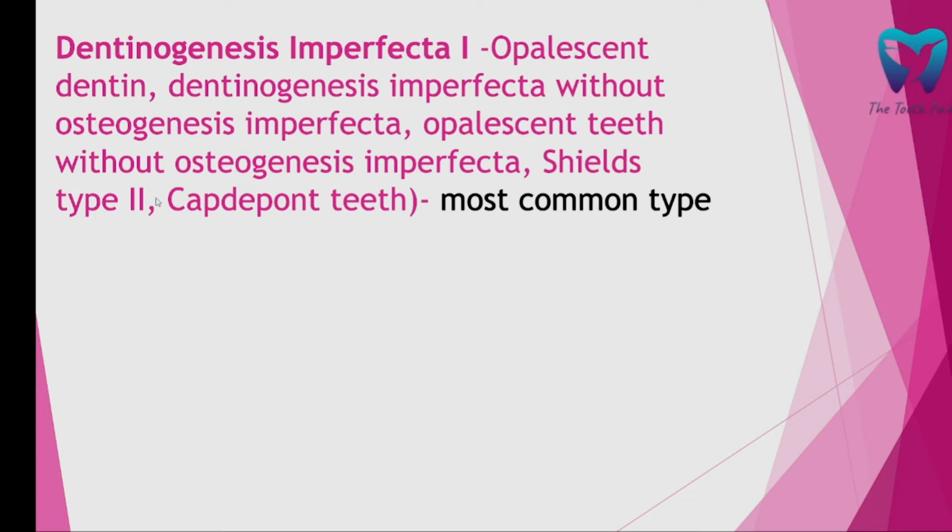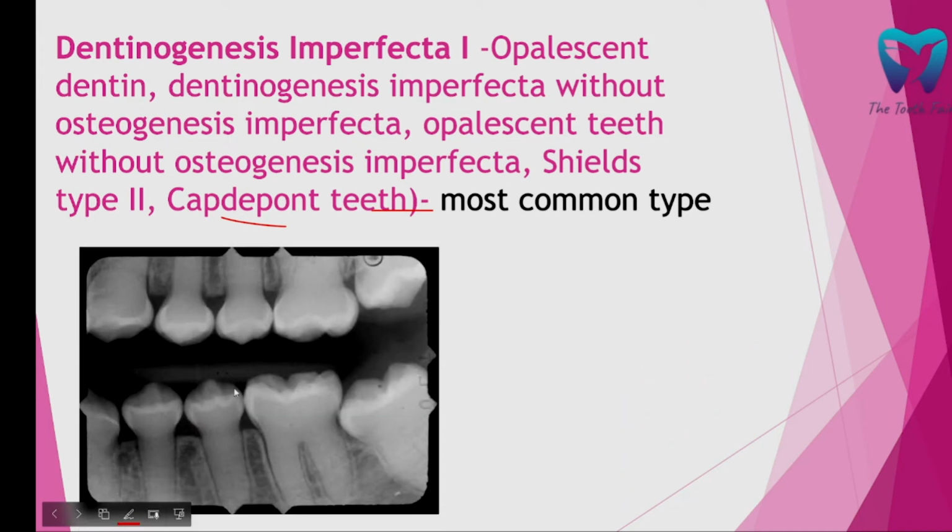In the new classification Shields type 2 came, and capdepont teeth. Remember this. Also, it is the most common type of dentinogenesis imperfecta.